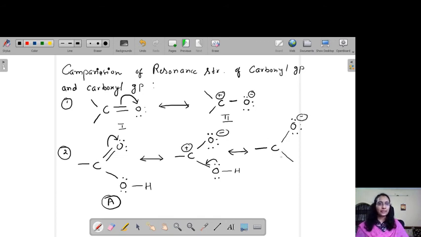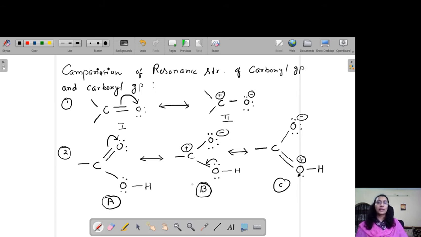Now this single bond becomes the double bond, carbon oxygen double bond, and now this oxygen will carry a partial positive charge over its head, which is linked to the hydrogen. This is structure B and structure C. Here there are only 2, not 3.